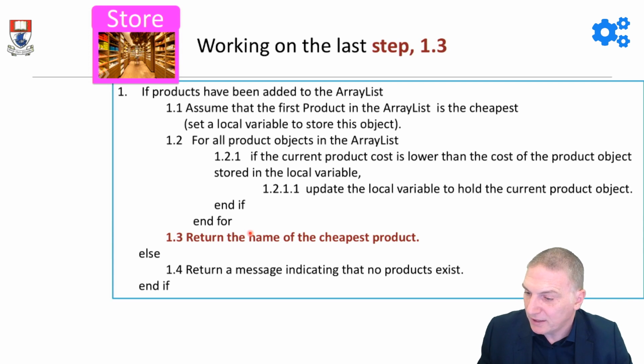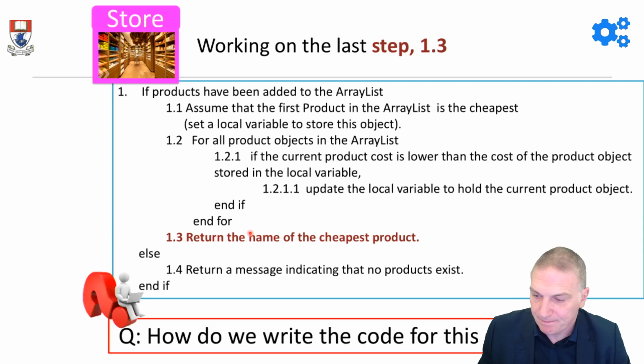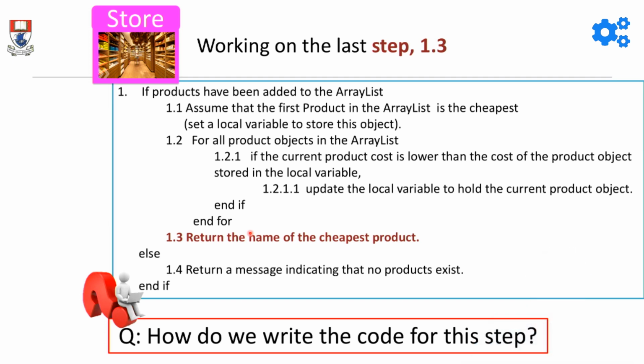And again, if you could reply to the thread, how would we implement that? It's not returning the cheapest product, it's returning the name of the cheapest product.